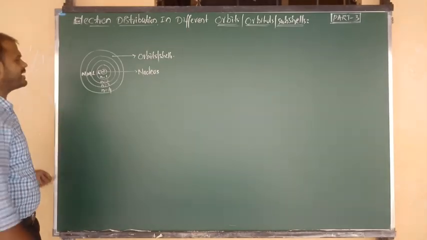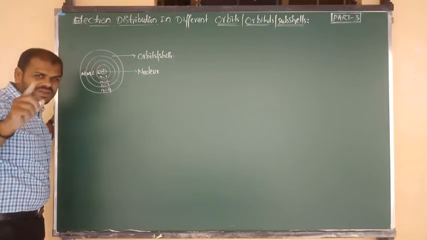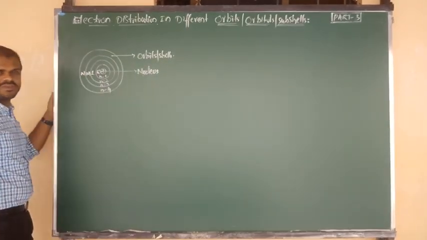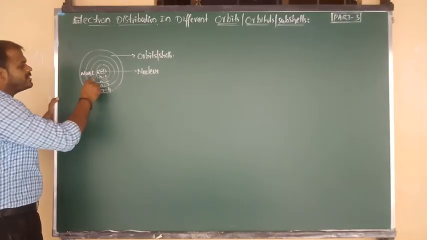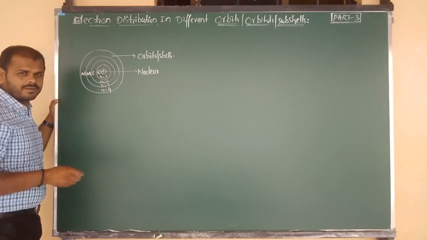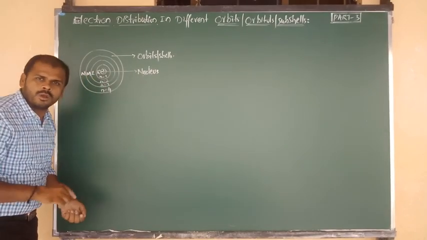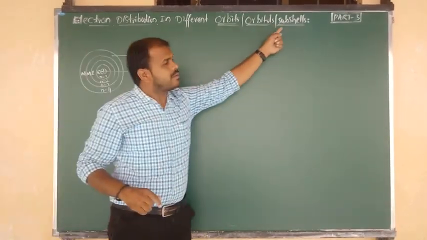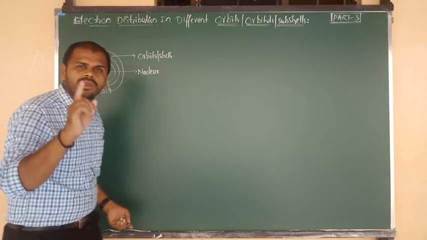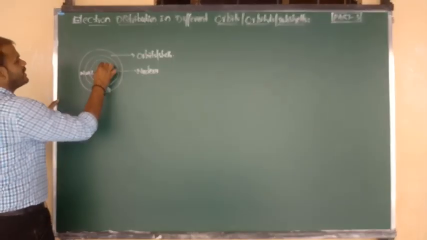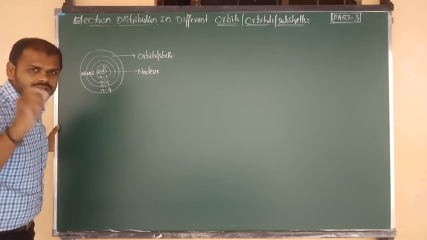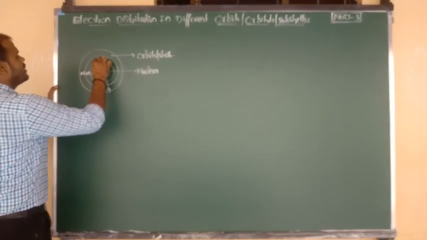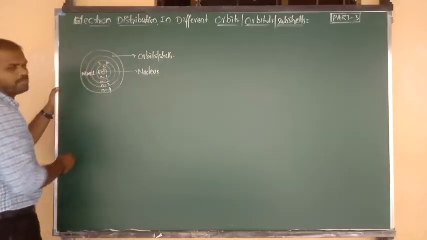Good? Right. And listen carefully, one more very interesting piece of information. N equals 1 is orbit 1, the K shell, the first orbit. The first orbit contains only one subshell, the s subshell. Second orbit contains two subshells, s and p.